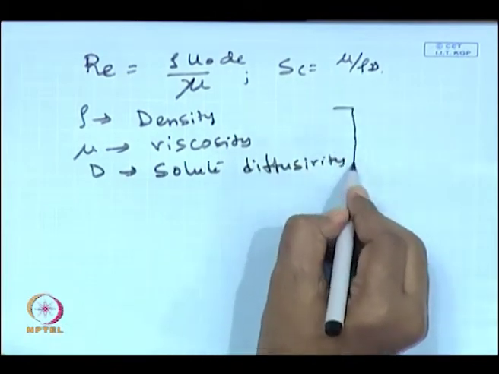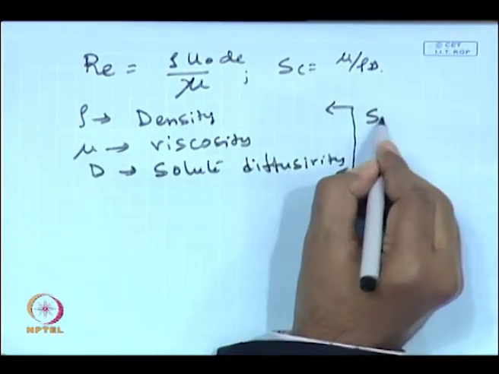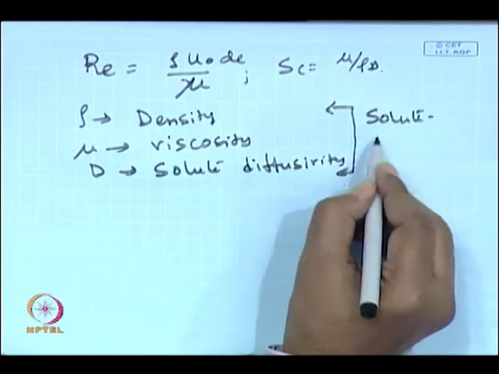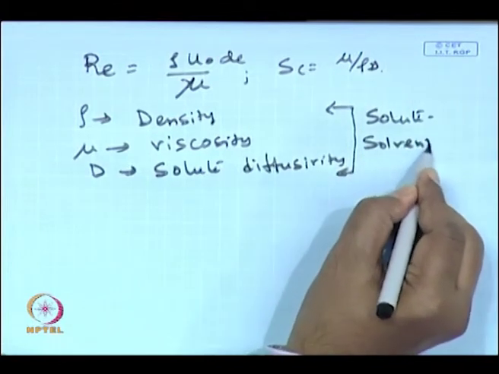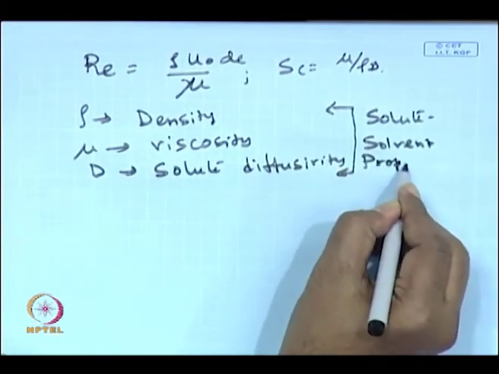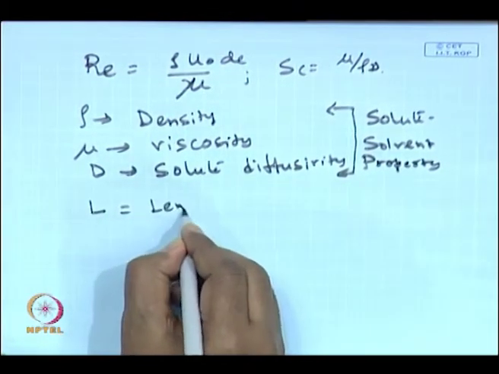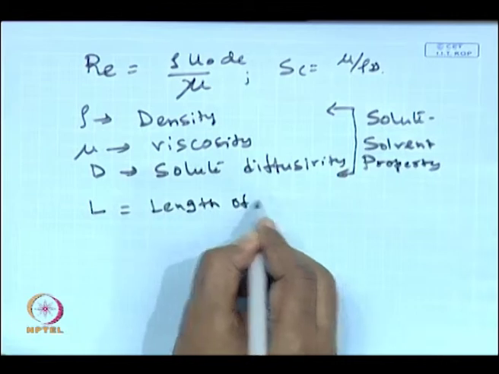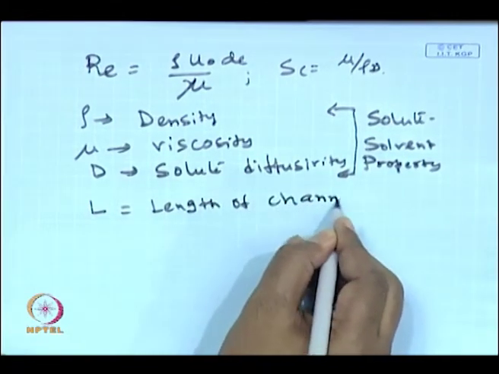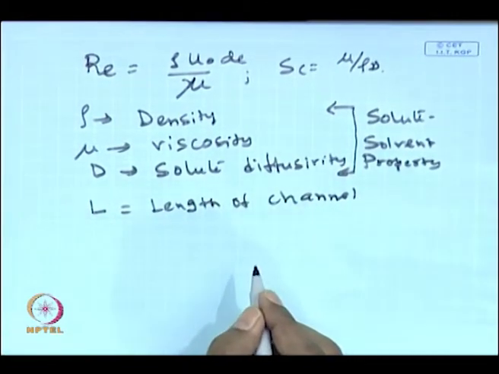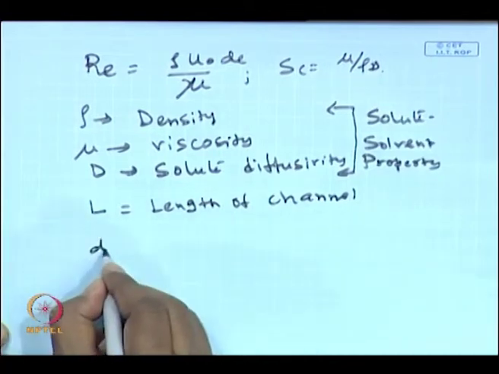So, these three are solute-solvent properties. L in the relation is the length of the channel, geometry. What is equivalent diameter?